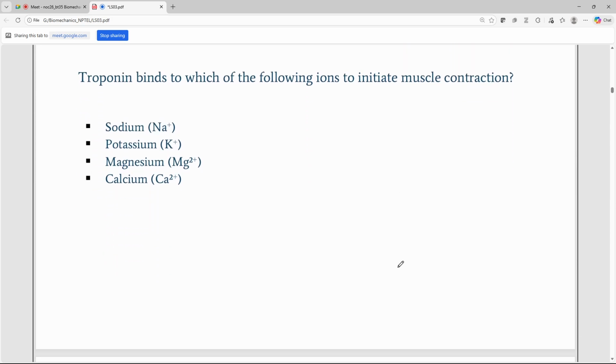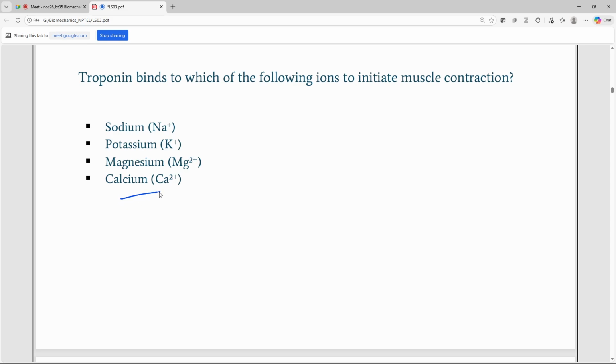Next question, another simple one. Troponin binds to which of the following ions to initiate muscle contraction? I have already explained that also. Sodium ions, potassium ions, magnesium ions, calcium ions.